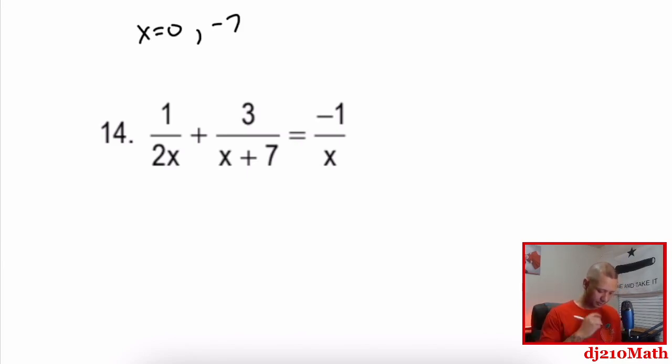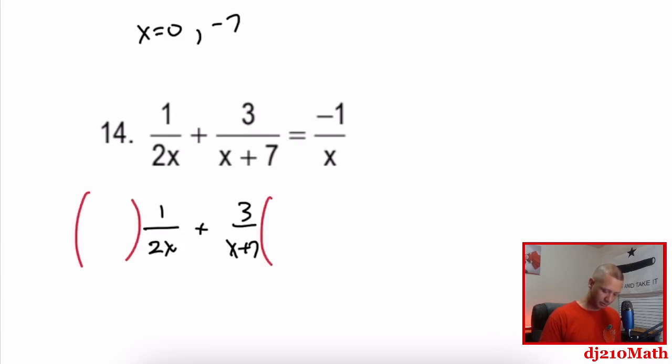All right, so let's see. This one's going to take some work for sure. So x plus 7. I'm going to multiply each term by the other denominator, top and bottom. So x plus 7, x plus 7. 2x, 2x.